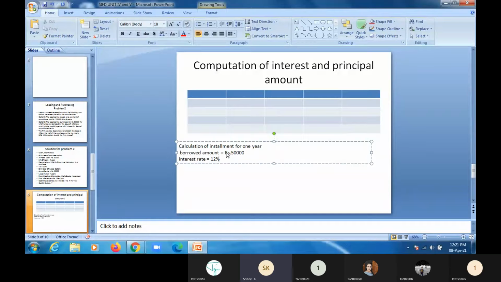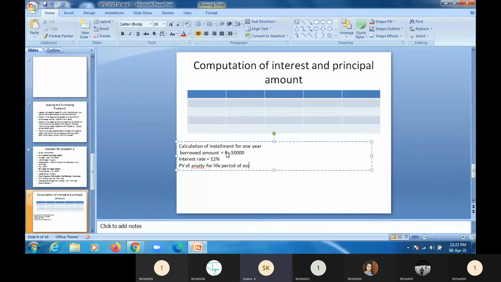Okay. So now you need to find out what is the present value of annuity for the life period of the asset. How are you going to calculate this annuity value?